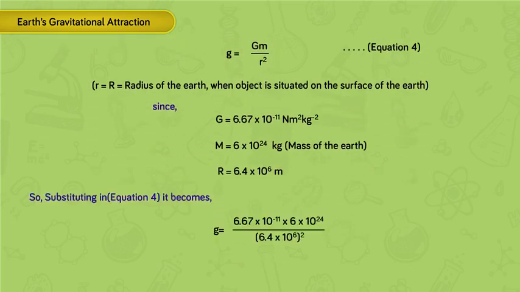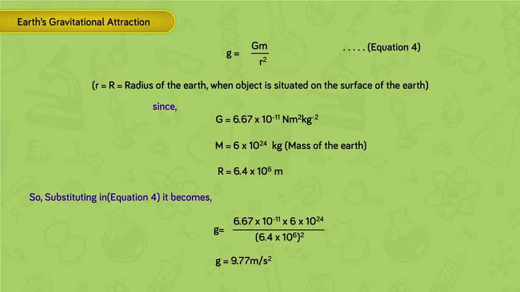So, equation 4 becomes g is equal to 6.67 into 10 raised to minus 11 into 6 into 10 raised to 24 upon, in bracket, 6.4 into 10 raised to 6, bracket complete, the whole square. g is equal to 9.7 meter per second square.